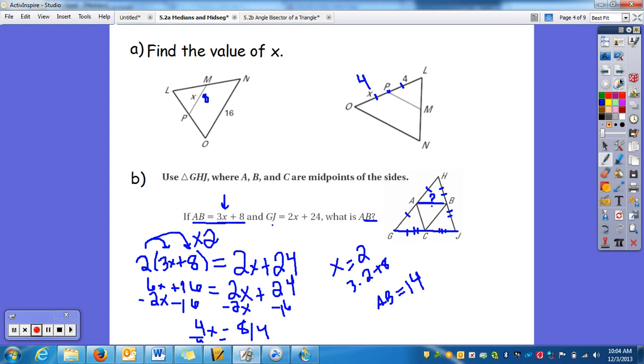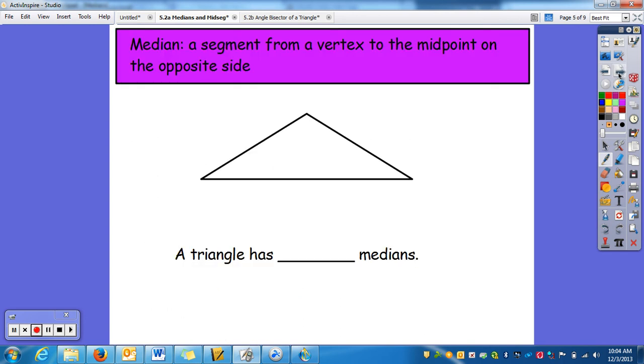Alright. So that is your midsegment. Now we're going to look at medians, which are very similar in the sense that they both deal with a midpoint. A median is a segment from the vertex to the midpoint on the opposite side. Your vertices are the corners of the triangle. So I take from the vertex to the midpoint on the opposite side.